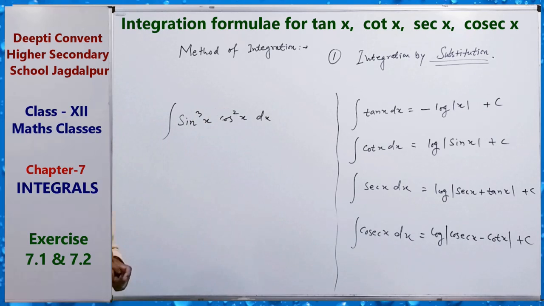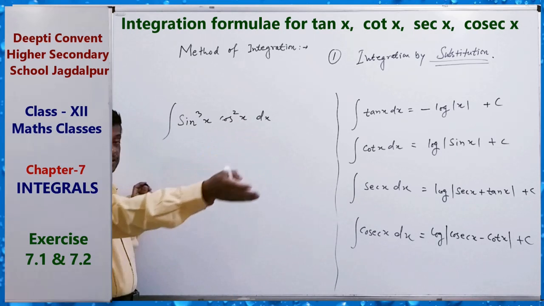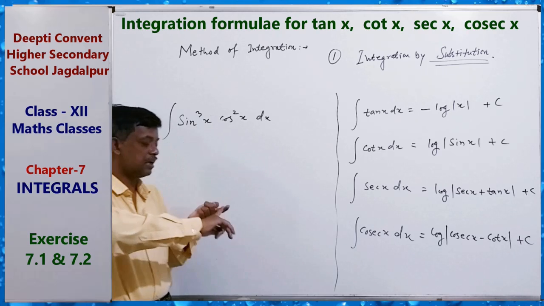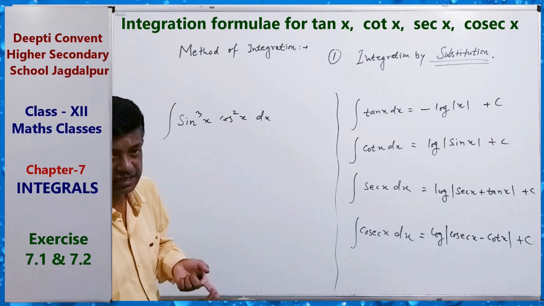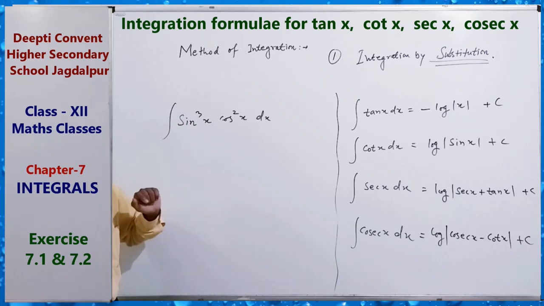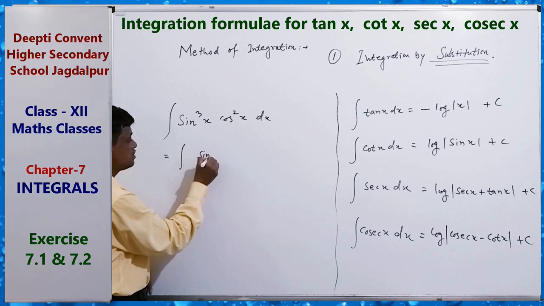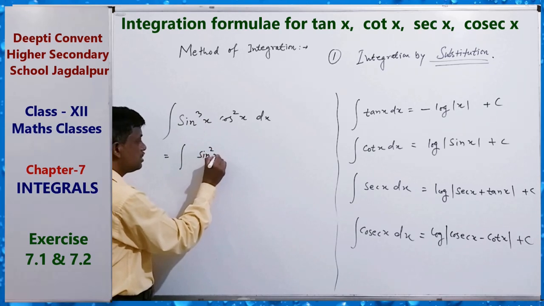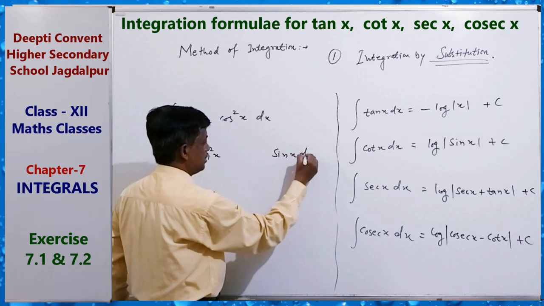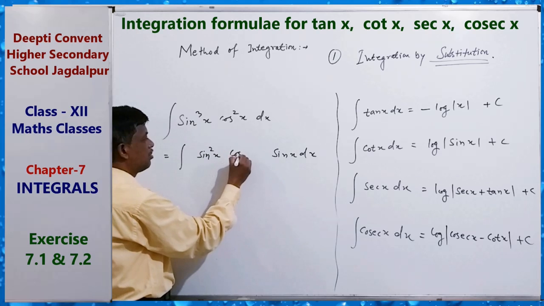We know that sine square plus cos square equals to 1, that is cos may be converted in sine, sine may be converted in cos, and derivative of sine is cos x, derivative of cos x is minus sine x, and power should be positive, even. So here we are taking cube power, so square is here and one sine is separated. We just write like this for our requirement.